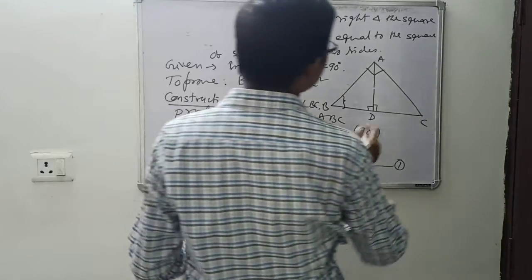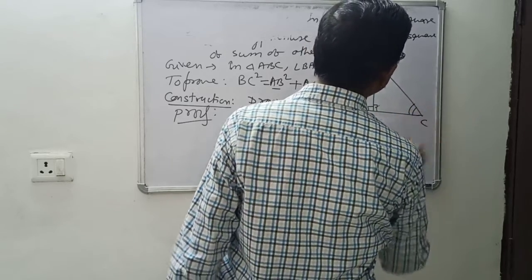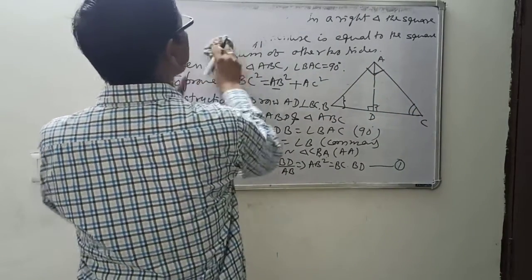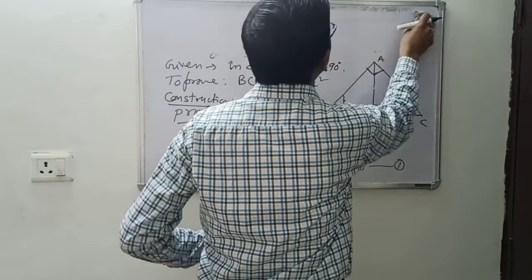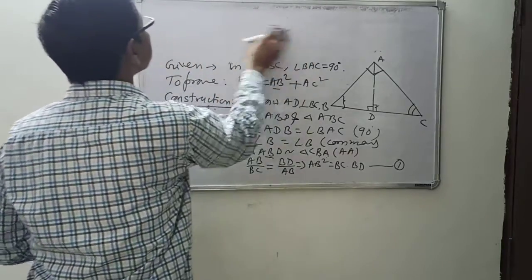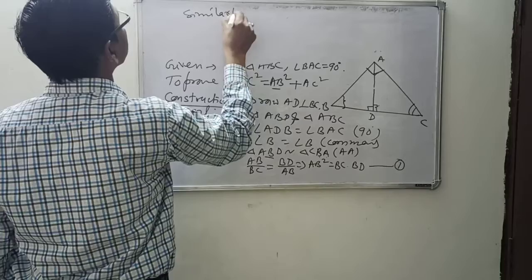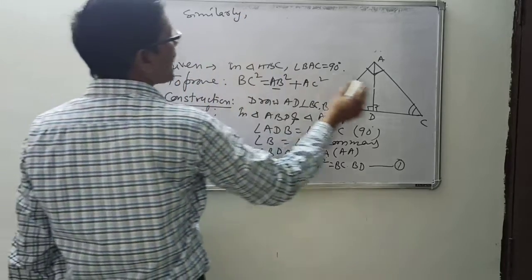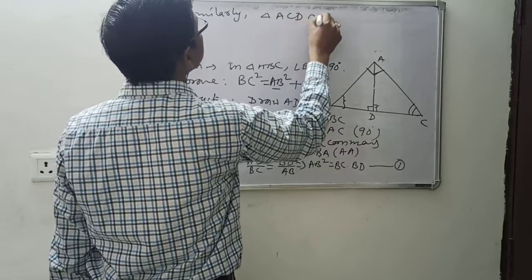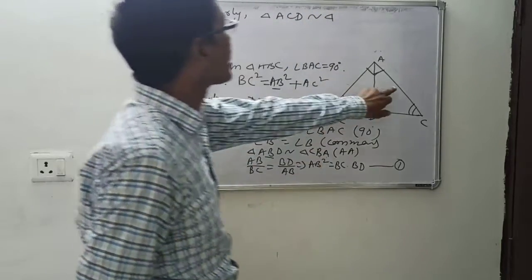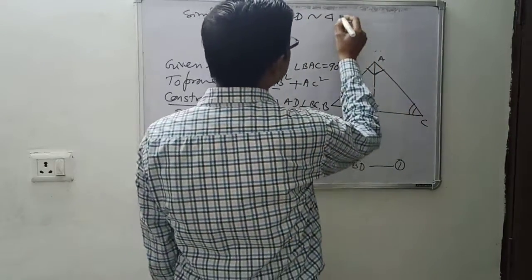There also angle D and angle A are equal, and angle C is common. So similarly, we directly write: triangle ACD is similar to triangle, the smaller triangle's angle D is equal to the larger triangle's whole angle BAC, 90 degrees.